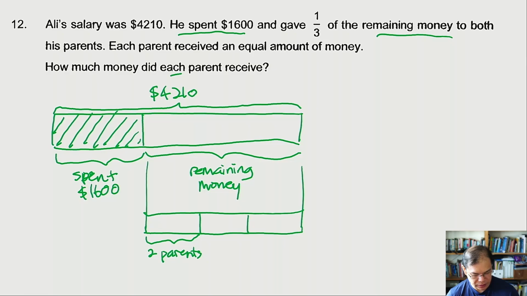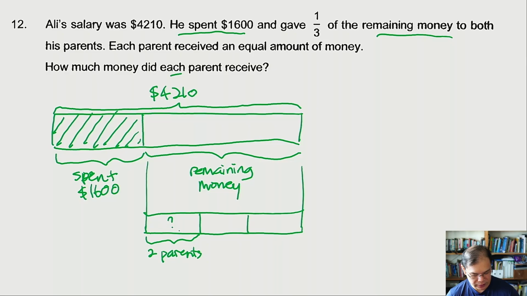How much money did Ali give to both his parents? I must find that out first, right? If I want to find out how much each parent received, if I find out how much he gave to both his parents, then I can just divide by 2 to find the answer.